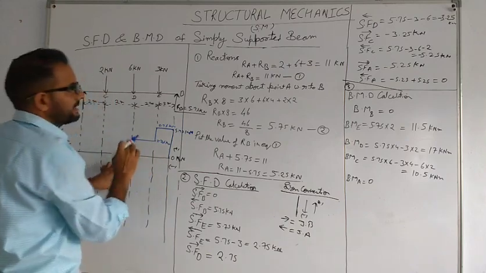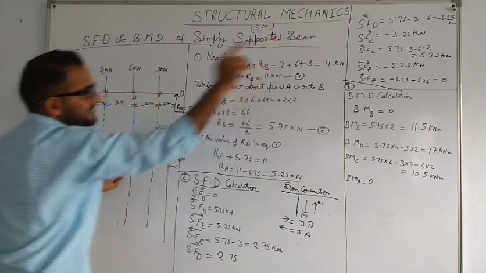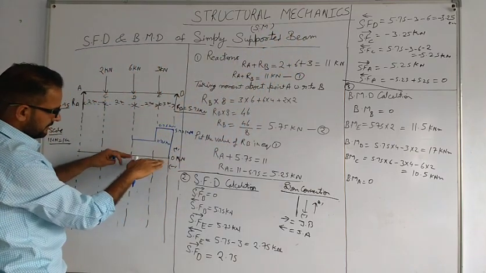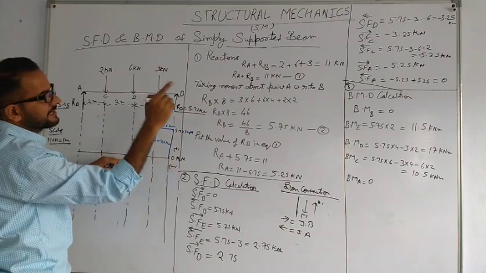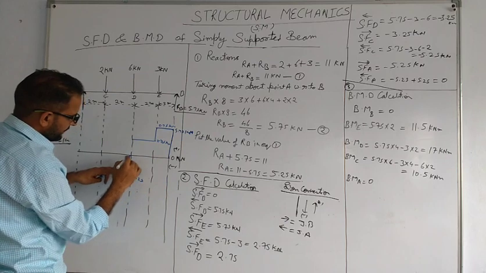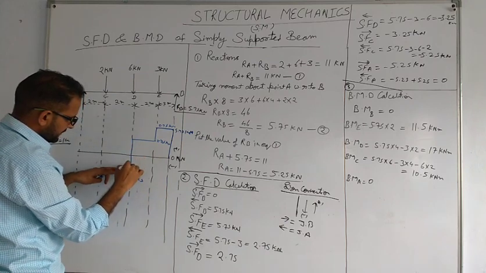Shear force at point D just after is minus 3.25. Minus we will take in the downward direction, meaning lower than this line. So minus 3.25 here, and we will join this line this way.